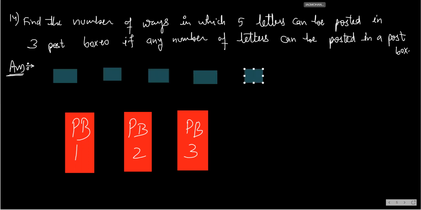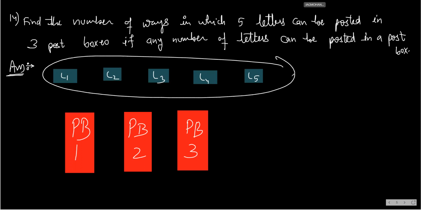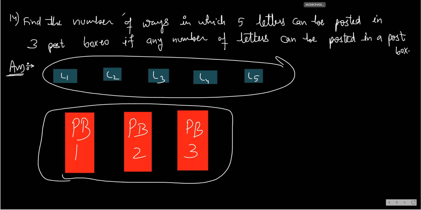So this is letter 1, letter 2, letter 3, letter 4, and letter 5. In how many different ways can these 5 letters be posted in these 3 post boxes, if any number of letters can go in any post box.